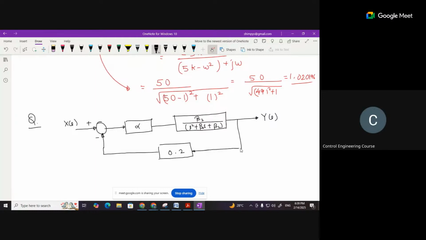Now for this closed loop configuration, we have been given the value of beta 1 as 4 and beta 2 as 9.